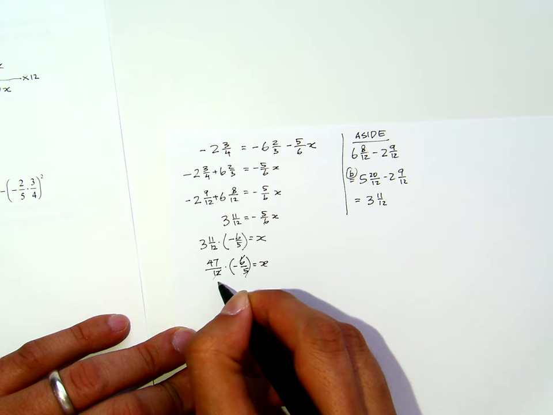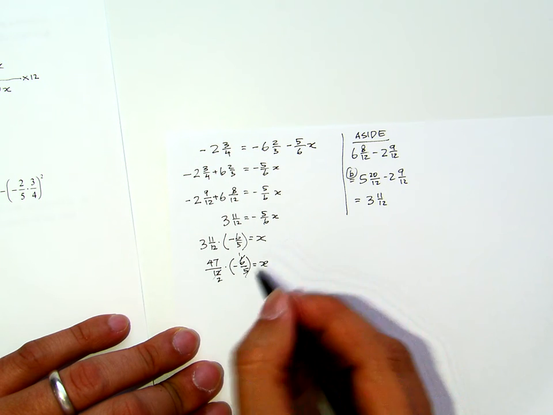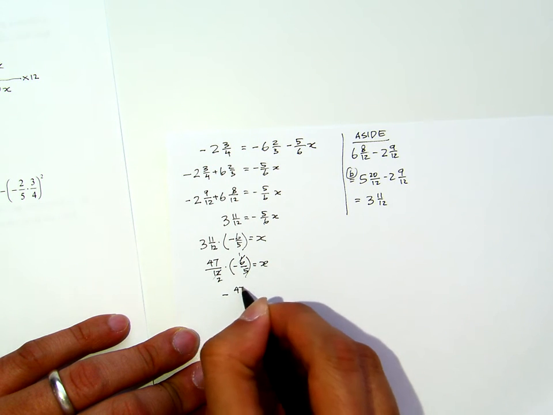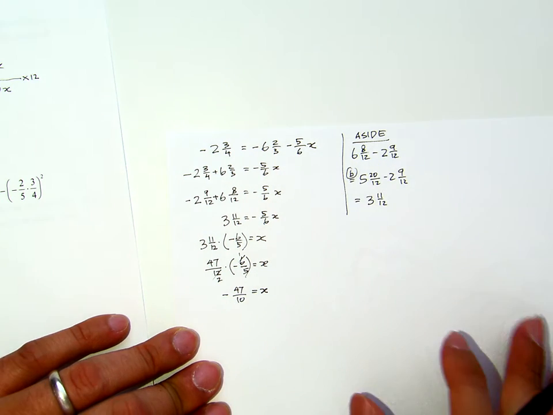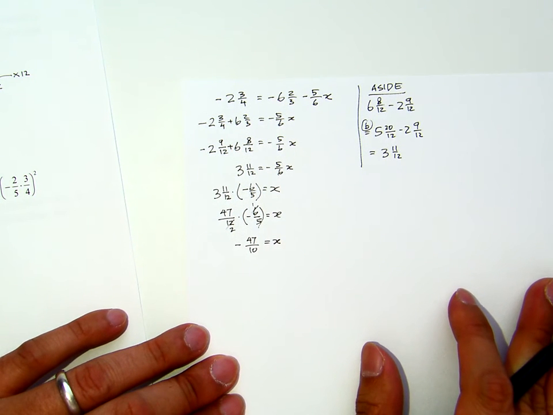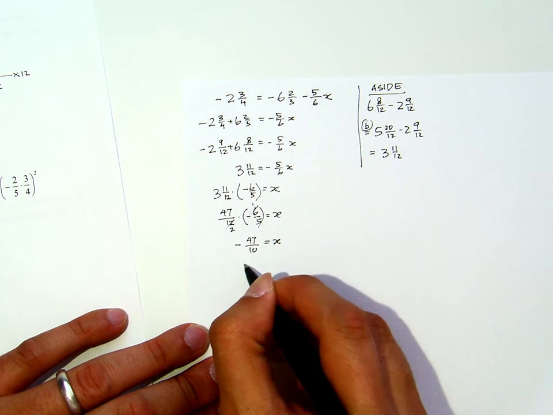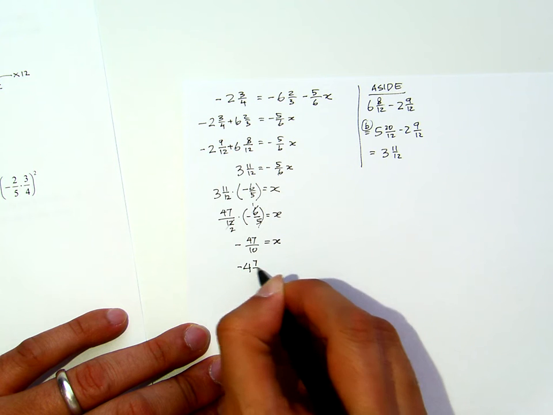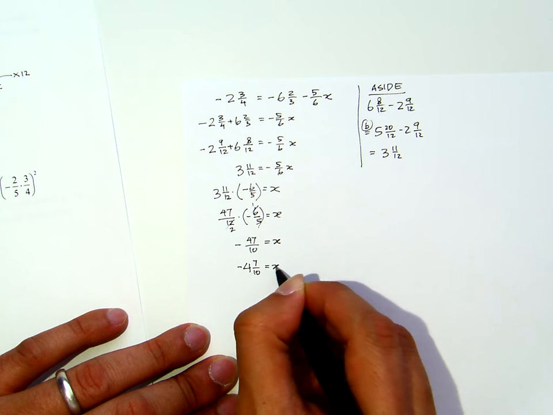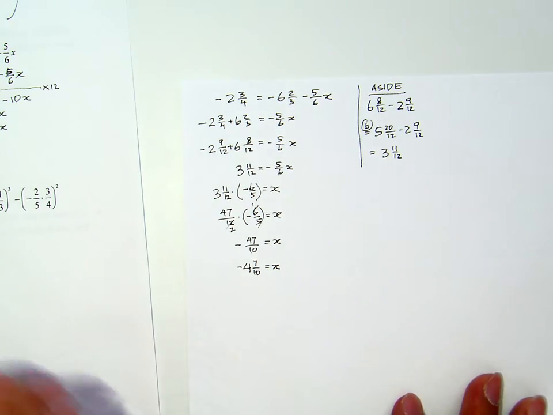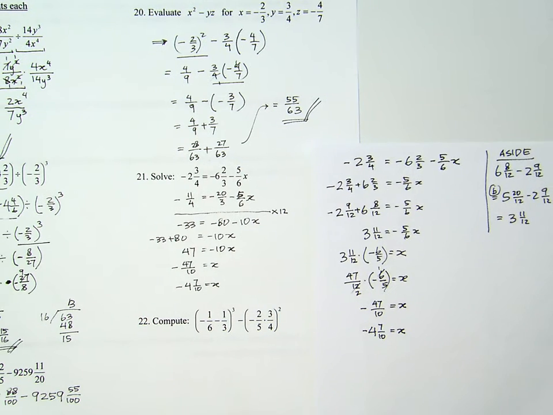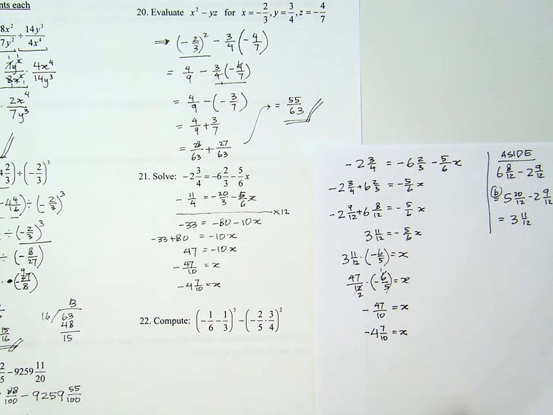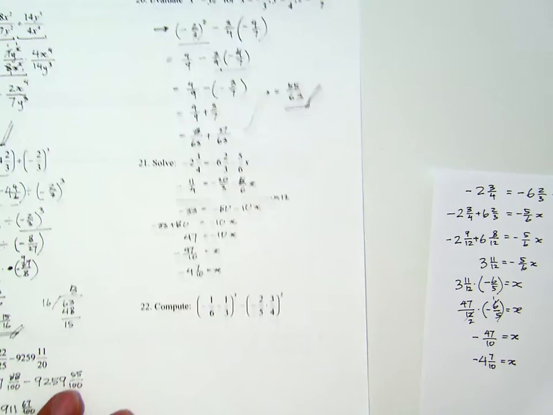Cross cancelling, this is 2, this is 1, then I get negative 47 over 10 equals x. And because I have mixed numbers to start with, I change it back to a mixed number, negative 4 and 7 over 10 equals x. Okay, now that's for number 21. I present to you here two different ways of doing that: the LCD method and the conventional method. Now let's move on to number 22.